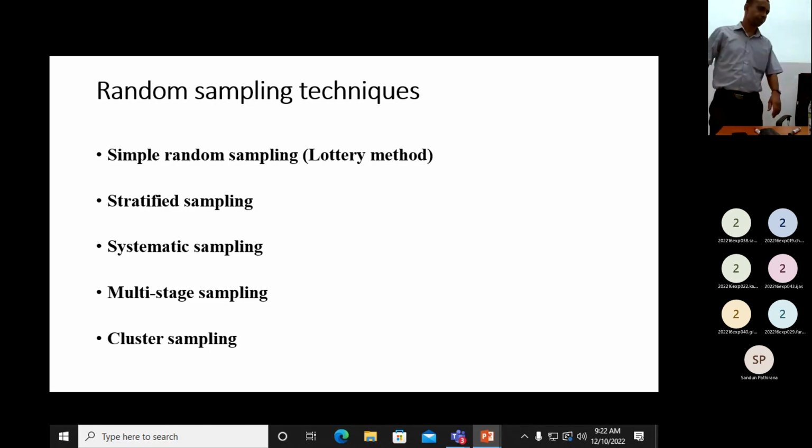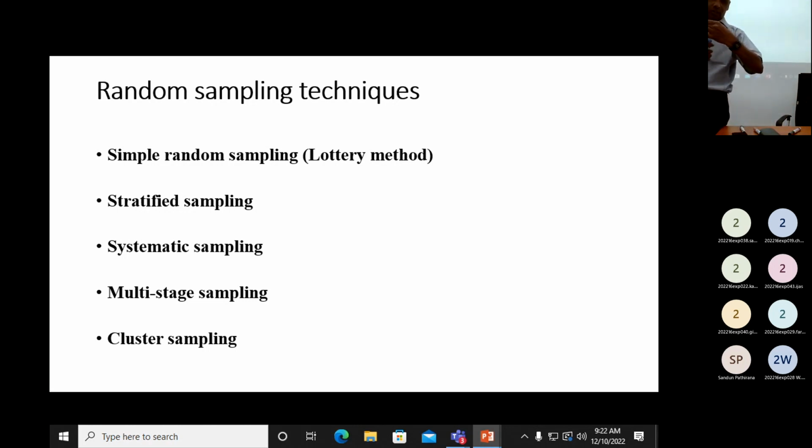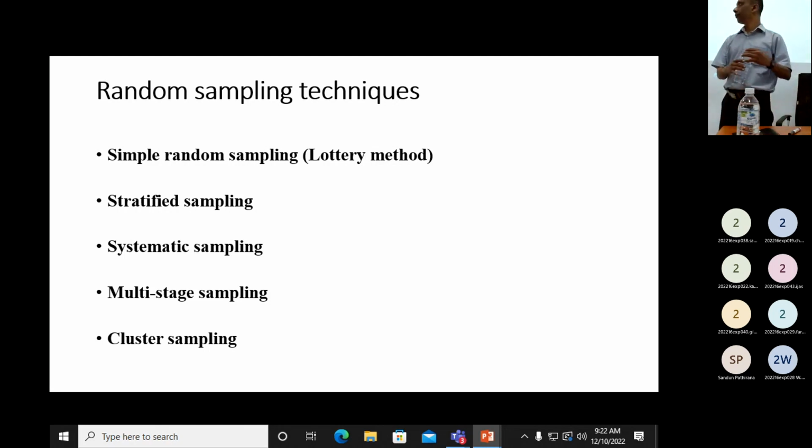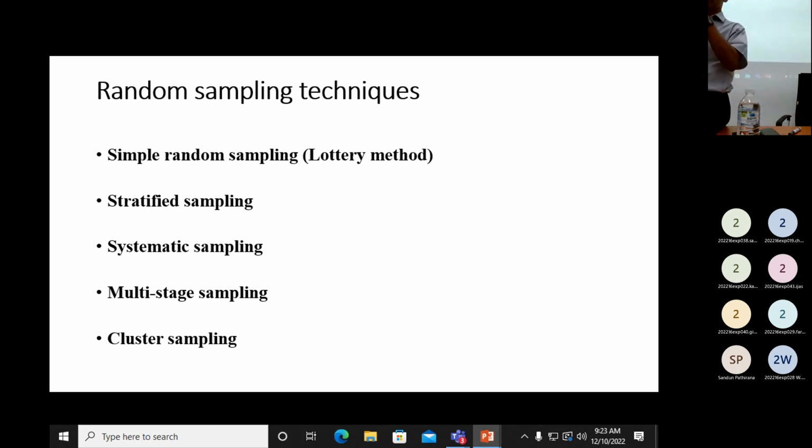Right, now we write down. According to this method, we identify a stratification of population, and then the ratio of stratification is calculated.